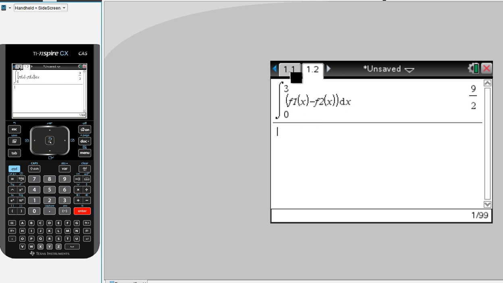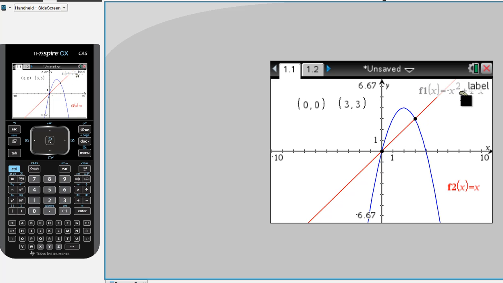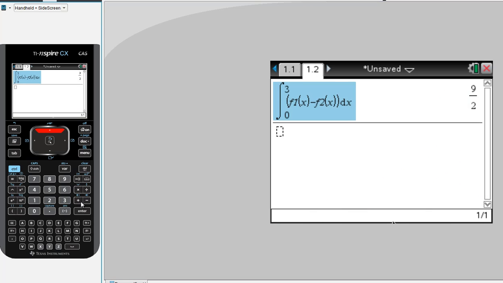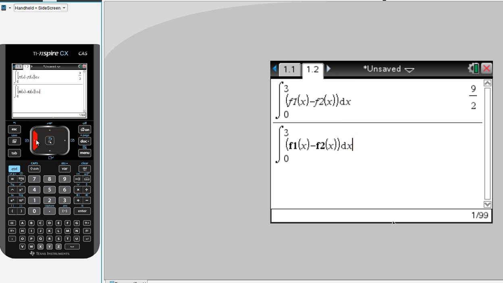If this is confusing, we can just do the algebra, basically write out the whole function. So let's see, if we take this minus this, it's going to be quite easy. We can do it very easy. So let's see, minus x squared plus 4x and then minus x. So minus x squared plus 4x minus x is going to be plus 3x. So if we want to, we could do it like this. Just write out the new function.